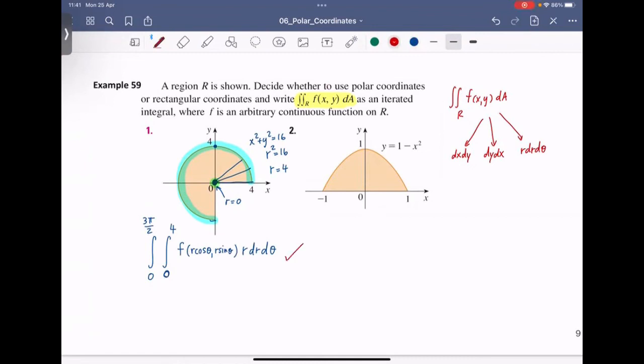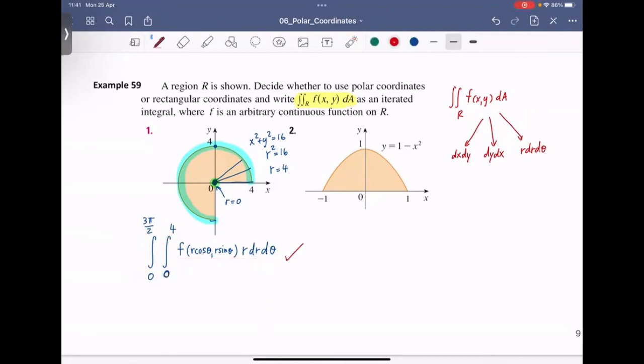Bam, here we go. That is your polar coordinates. What we like about polar coordinates is that the upper bound and lower bound of the integral look simple and easy, so you're going to have no problem with the integration.